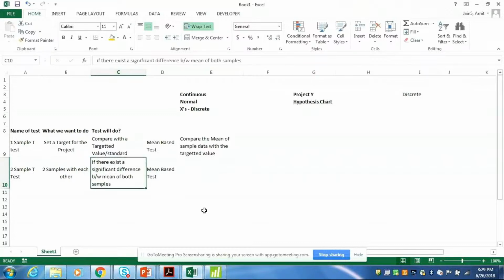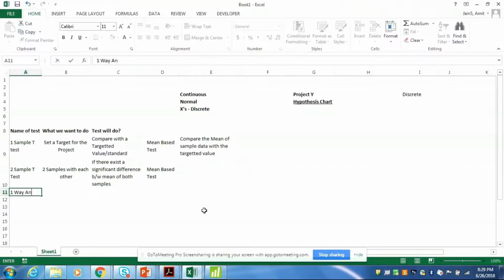So there exists a significant difference between the mean of both the samples. So if we are trying to test whether tenure is a significant factor, yes, it is a significant factor because there is a significant difference between tenure of people less than 1 year and greater than 1 year. Okay, so we have proved one of the potential Xs as this has come out to be a vital X for us.